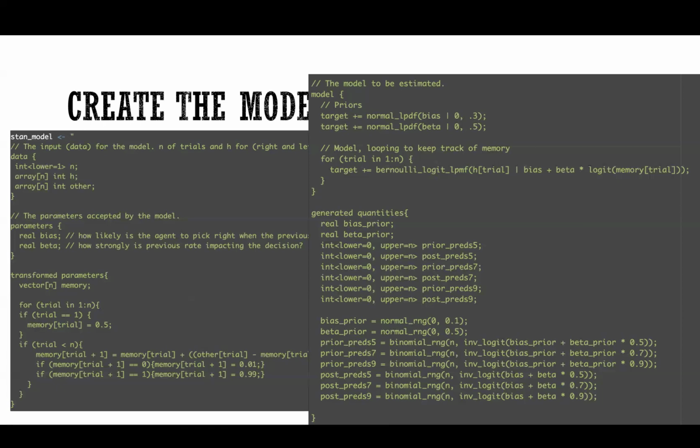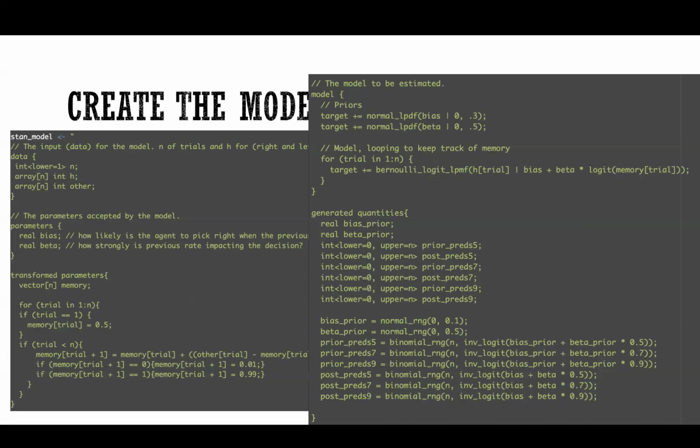Normal random number generator for the bias prior. And here I made a mistake. I should have updated it to 0.3. That's on me. Normal random number generator for the beta prior. That's where I say use variables instead of numbers, because then you forget. I forget to update. And then for the prior and posterior predictions, we have a binomial random number generator with the number of trials.